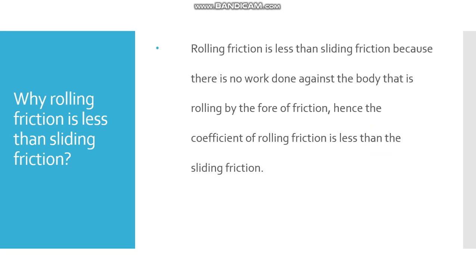So the answer for this question is that there is no work done against the body that is rolling by the force of friction. For example, in our house, we have seen a computer trolley. There are always wheels present at the bottom. Why is it so?